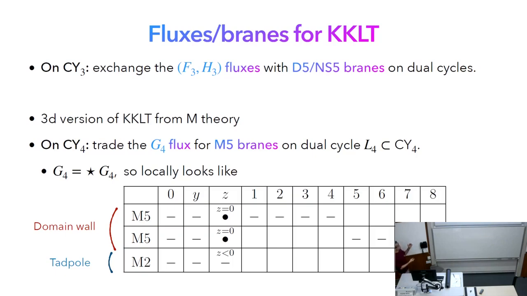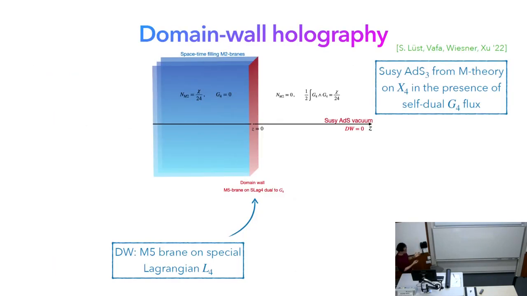Because you want a tadpole cancellation condition, on the other side of this z you need to add some M2 branes that are also wrapping this common direction. So pictorially, it looks something like this.